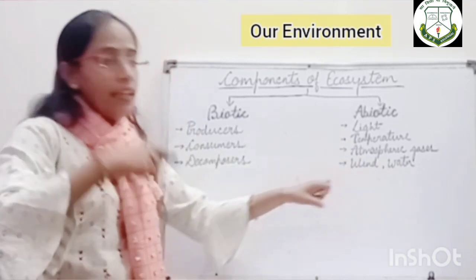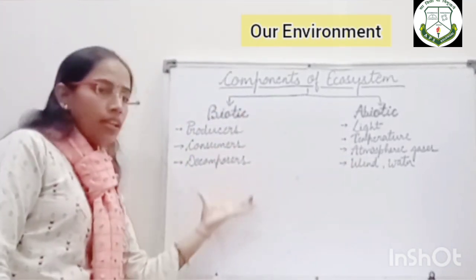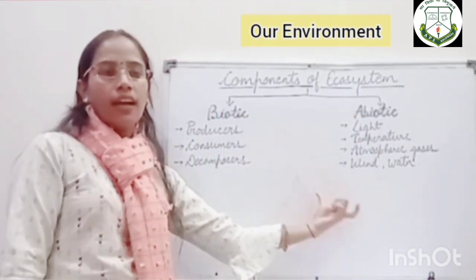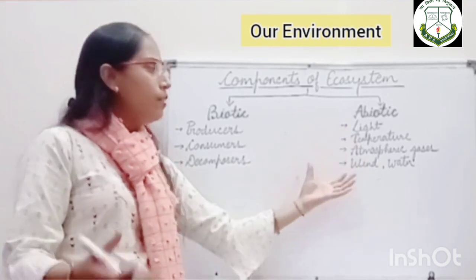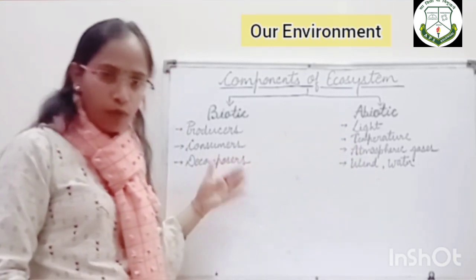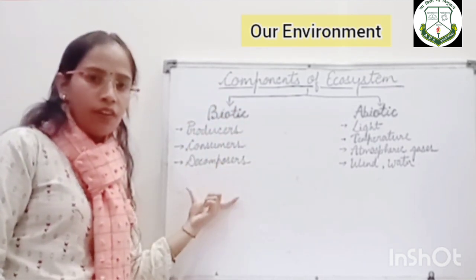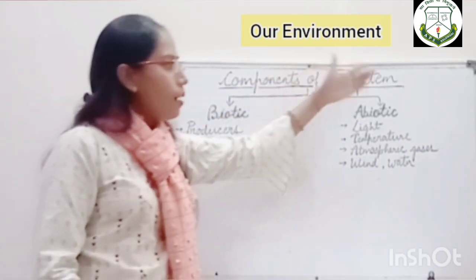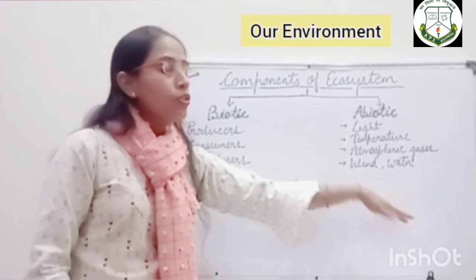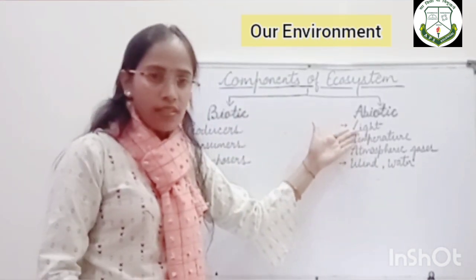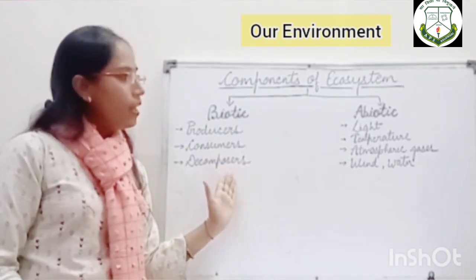So in an ecosystem, the biotic component and abiotic component both interact with each other. They can't live without one another. If the biotic components are present in our ecosystem and there is an absence of abiotic components, they can't live, because light is also necessary for our survival.